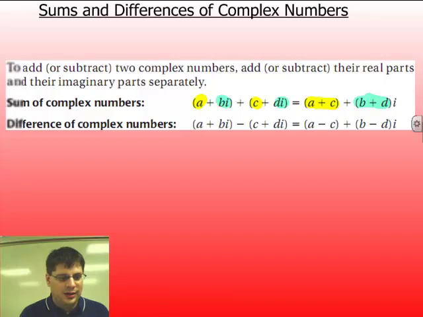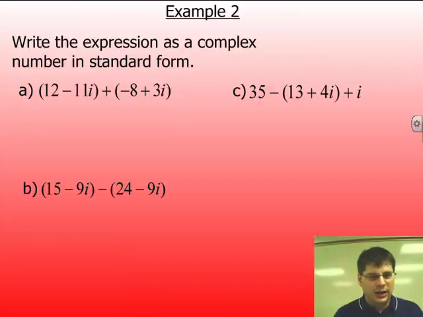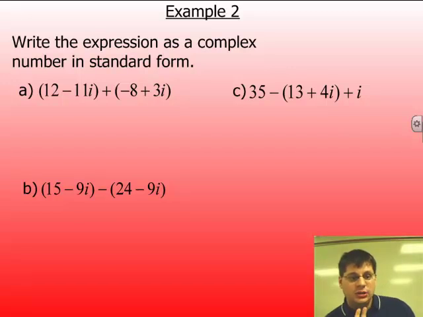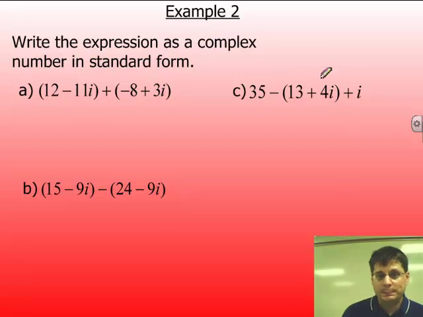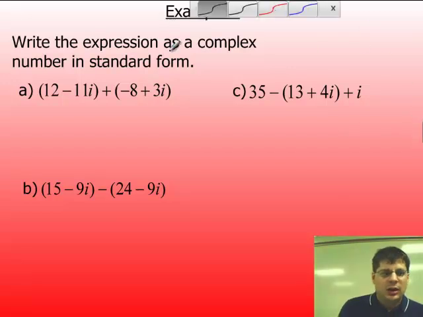So let's just practice actually. We're going to write an expression as a complex number in standard form, and I'm going to go ahead and combine the real parts together and then the imaginary parts.